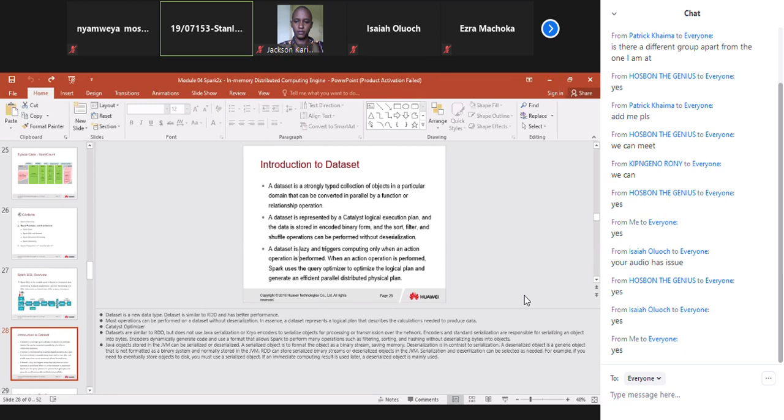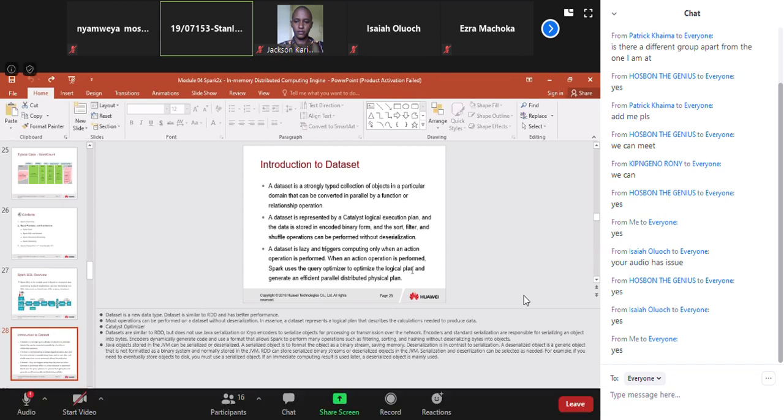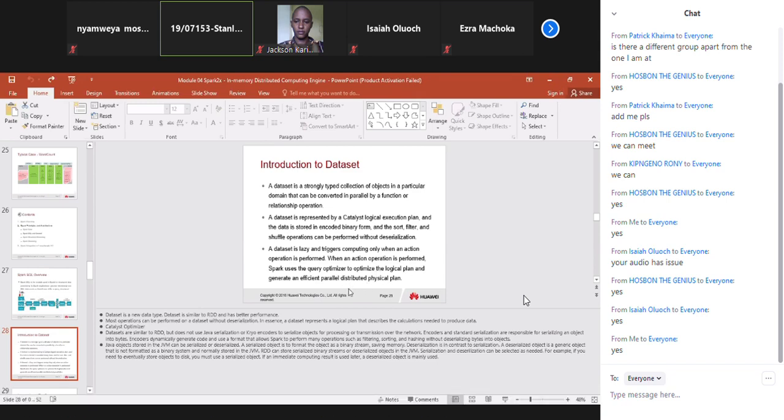We find a dataset is lazy and triggers computing only when an action operation is performed. When an action operation is performed, Spark uses the Query Optimizer to optimize the logical plan and generate an efficient parallel distributed physical plan. That's about dataset.